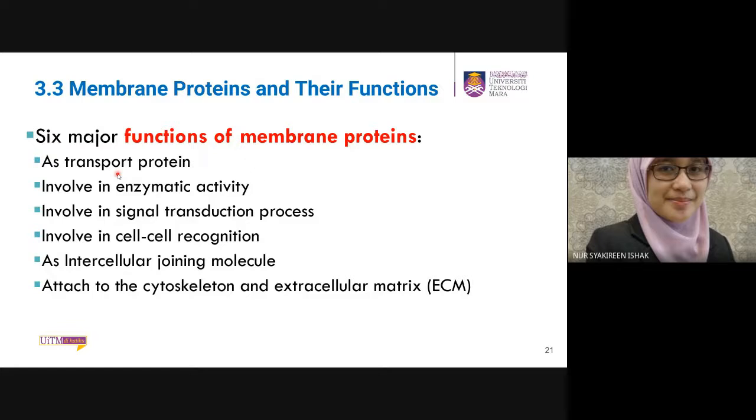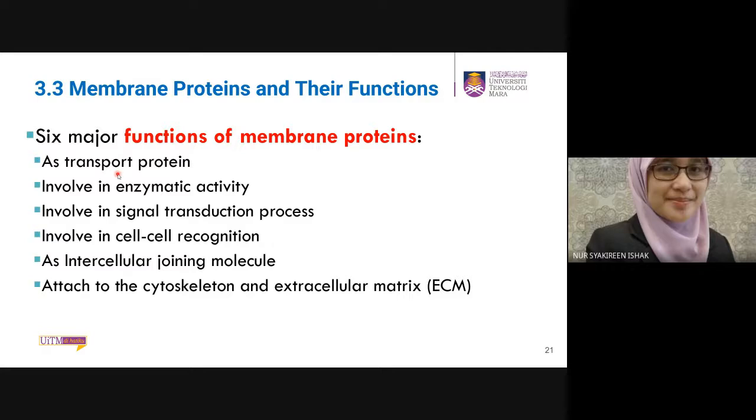And then carrier protein can be involved in both passive and active transport. If active, obviously it requires energy.